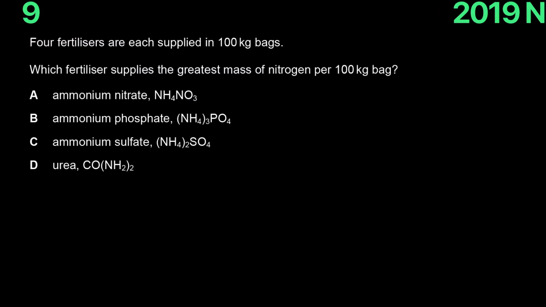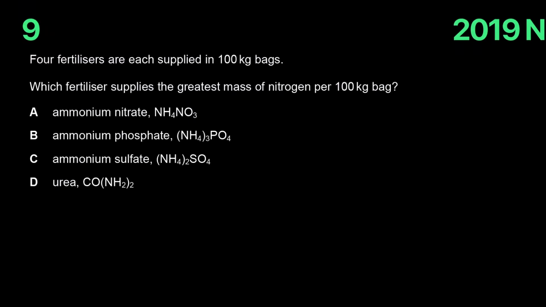Okay, let's just do it. Nitrogen is, I believe, 14, right? The MR is 14. So we essentially have to find the moles of nitrogen in each of these. The moles for A is going to be mass over MR, right?